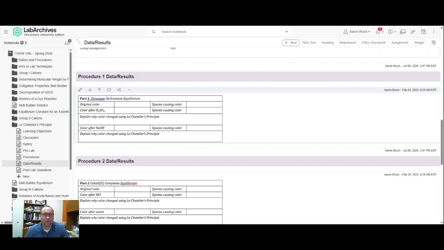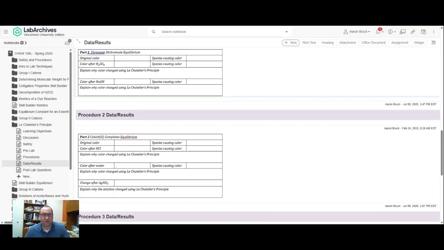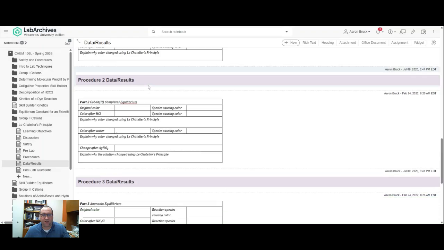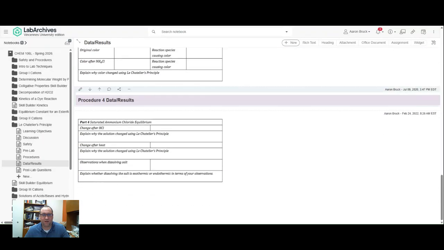And we can work together to try to figure out why. But you're going to be collecting observational data and explanations for each of the 4 procedures. And that's it as far as data collection is concerned.